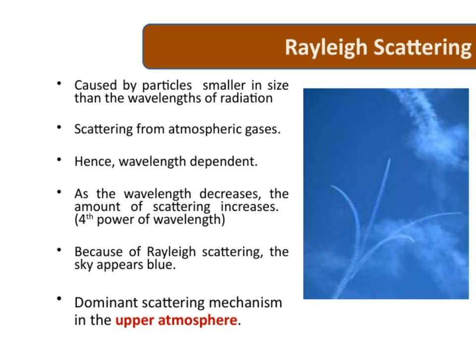What's really interesting is that this scattering is wavelength dependent, meaning the amount of scattering we experience changes depending on the wavelength of light. Specifically, as the wavelength decreases, the scattering increases dramatically. It's inversely proportional to the fourth power of the wavelength. So, shorter wavelengths scatter much more than longer ones.